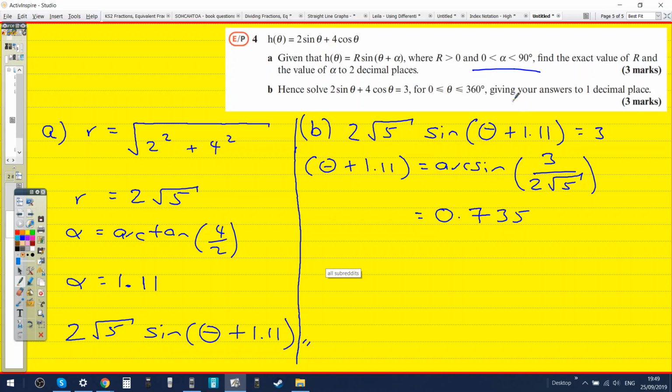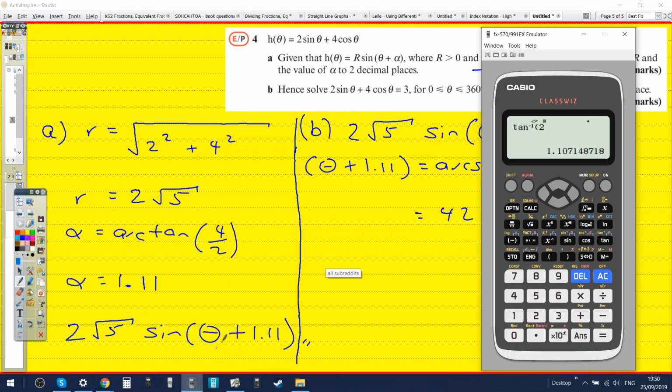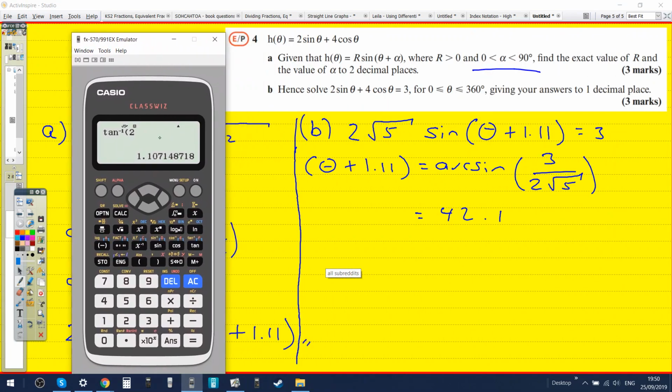Okay. So I could just multiply this by 180 over pi, right? If you like. So 42.13 degrees. Okay. And this is a sine graph between 0 and 360, yeah. But we need to change the boundaries.